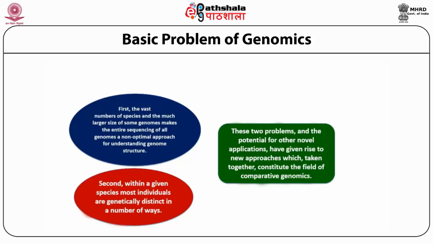These two problems and the potential for other novel applications have given rise to new approaches which, taken together, constitute the field of comparative genomics. So these are the basic problems of genomics which need the addition of comparative genomics to constitute a new field.